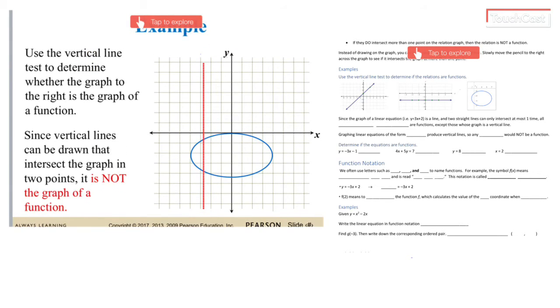However, this last one is not a function, because if I just put my pencil right here, then it is only intersecting it one time. But as I move to the right, I end up intersecting it here and here. And so these two would have the same x value and different y values.